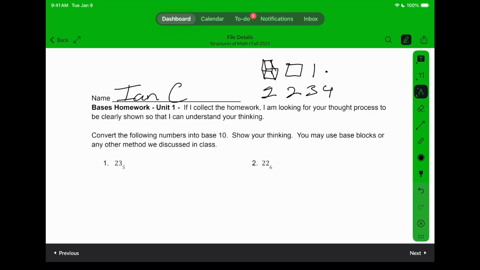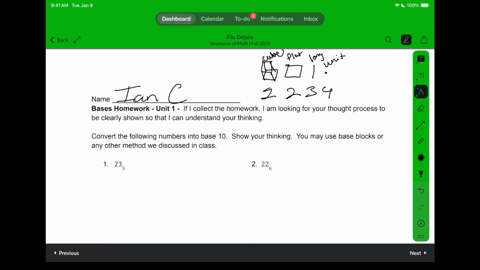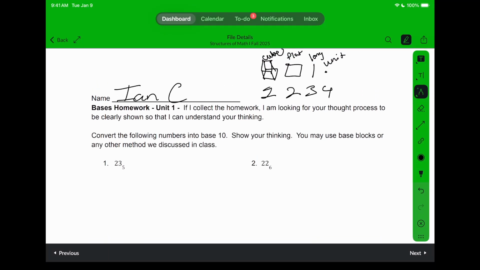That's the order of the place values: unit, long, flat, and cube. So we're just going to keep this up here as a reference. It's actually going to go away when I scroll, but just a quick little review.